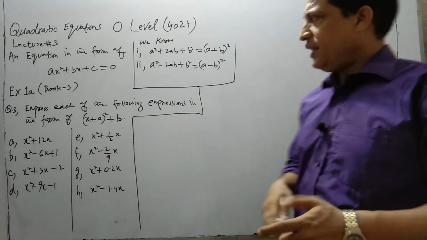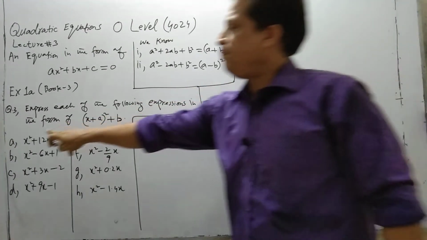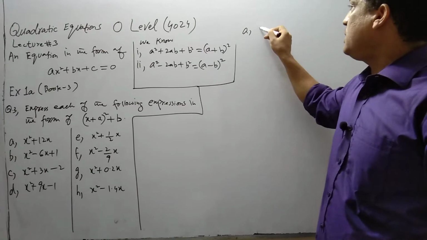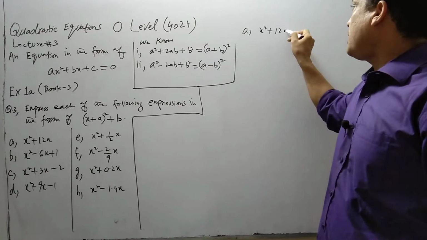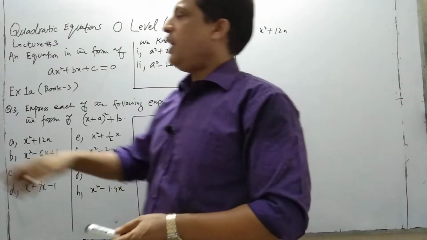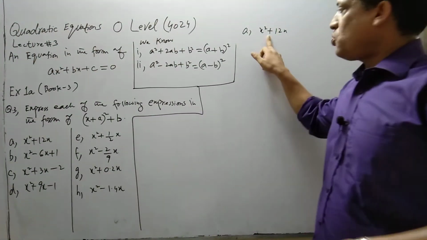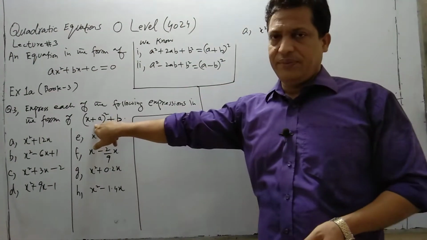How to convert? Take for example part A. Part A is x square plus 12x. Then how to convert this x square plus 12x into this form?